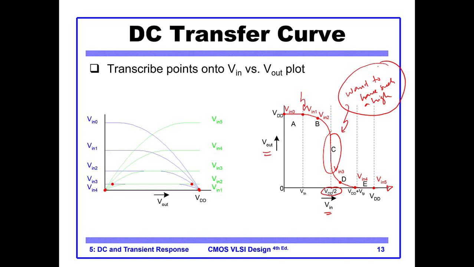Ideally you want this line to be at VDD divided by 2, but due to differences in gain and all these things, it may not be at VDD divided by 2. Such gates are called skewed gates. But for our discussion, let's imagine that we have perfect transistors which have the gain such that we always get it at VDD divided by 2.